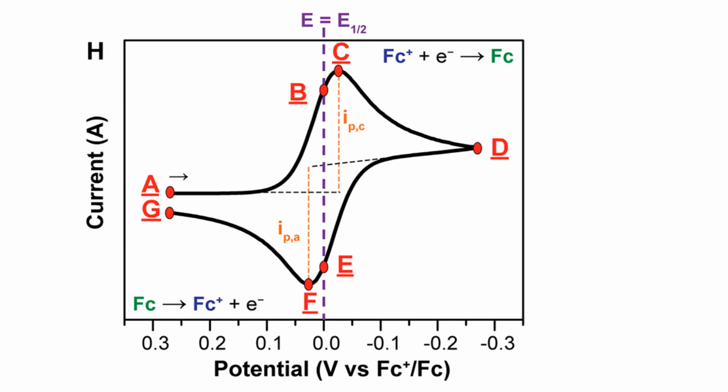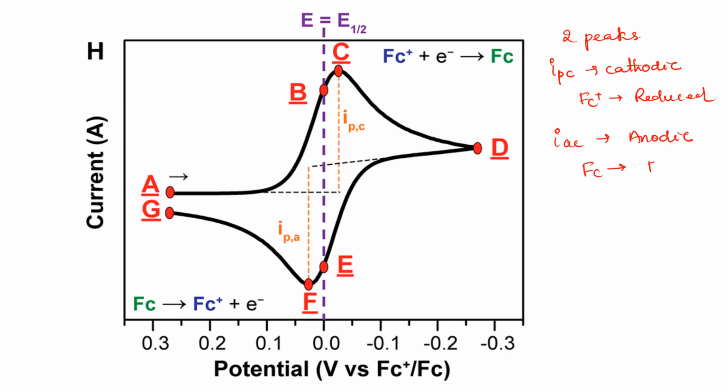Here in the cyclic voltammetry you have got two peaks, one representing IPC, cathodic, where Fc plus gets reduced, and IPA, the anodic peak, where Fc becomes Fc plus, oxidized.